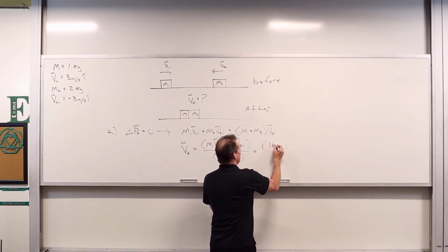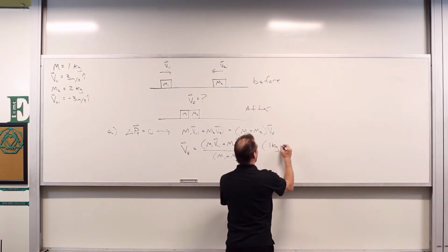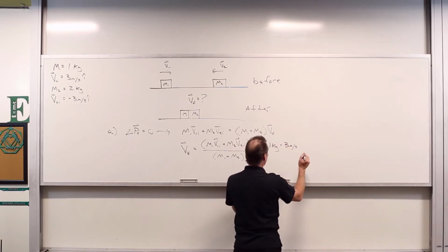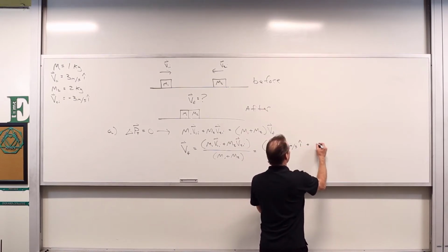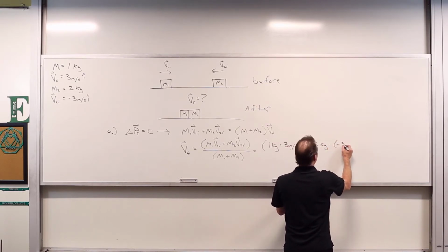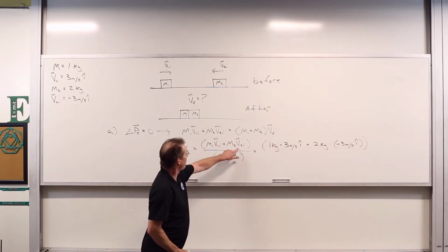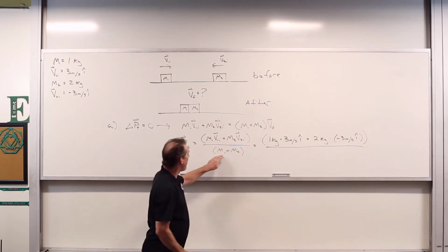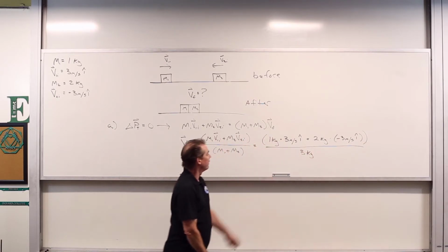So we've got 1 kilogram times 3 meters per second i hat, plus 2 kilograms times negative 3 meters per second i hat for velocity 2 initial. And that's all divided by the total mass, m1 plus m2, which is, you guessed it, 3 kilograms.